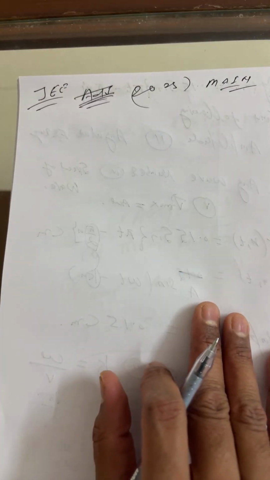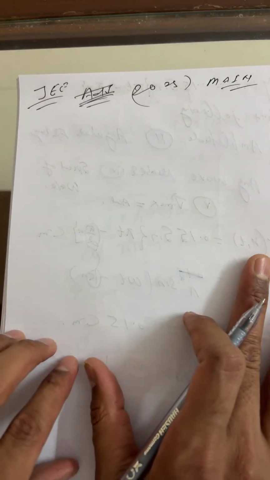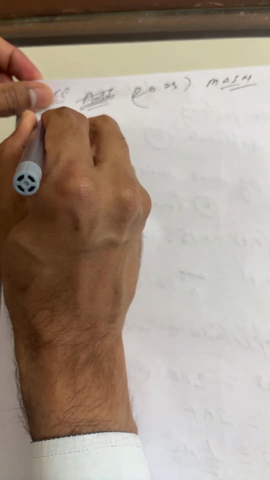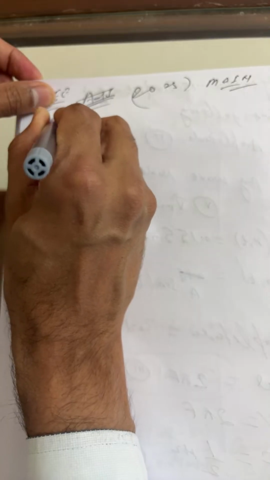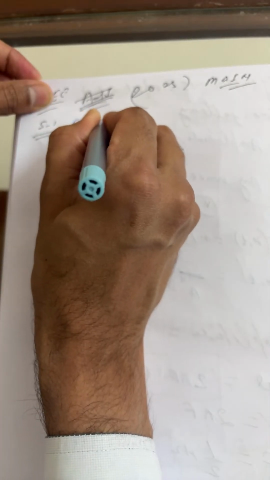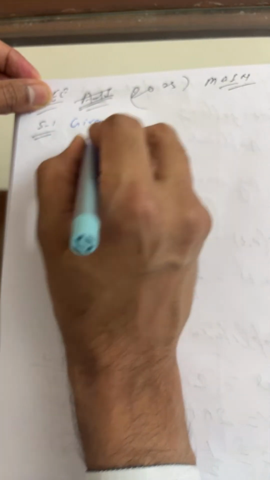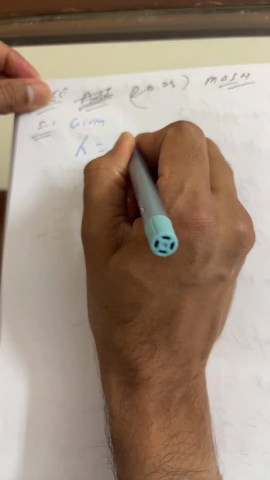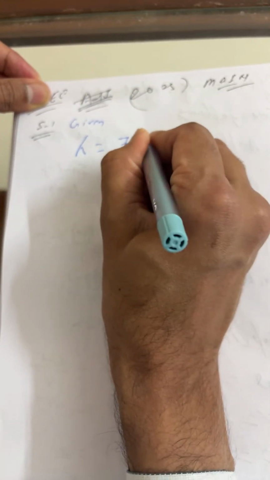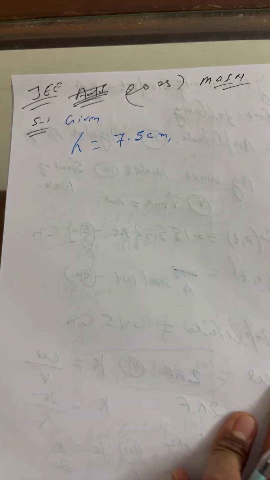So what's the question here? A sinusoidal wave of wavelength, I'm writing here in step one, that is the given data of the question. The wavelength mentioned here is 7.5 centimeter, right?